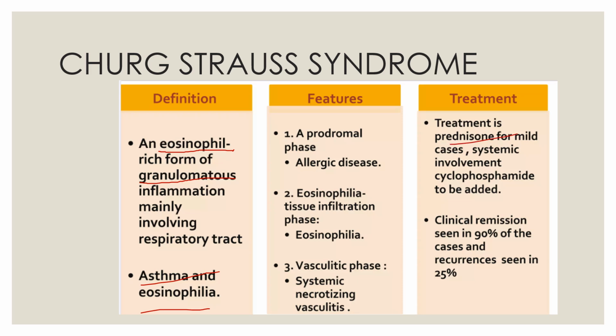So how do you differentiate microscopic polyangiitis, eosinophilic granulomatosis with polyangiitis, and granulomatosis with polyangiitis? The common features: all cause glomerulonephritis, and there is pulmonary hemorrhage in all of these.